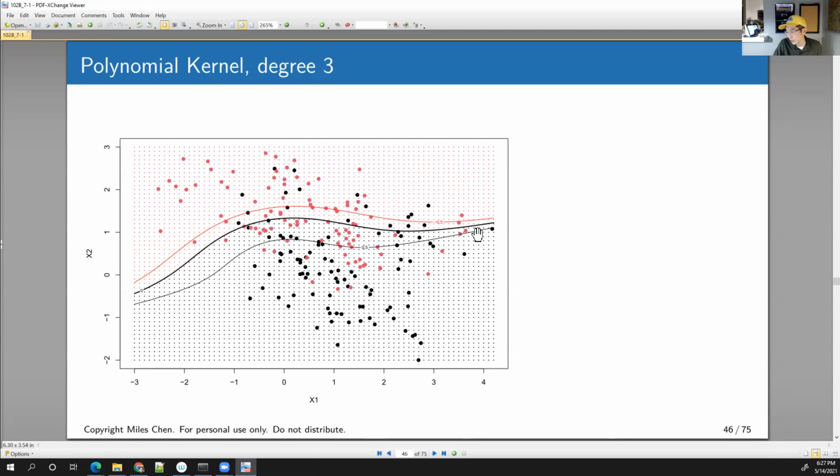So these lines are not parallel in 2D, but they are parallel in the higher dimensional space that it exists in. So this is the shadow of the boundary that gets cast back down into 2D. Okay, so that's degree 3.